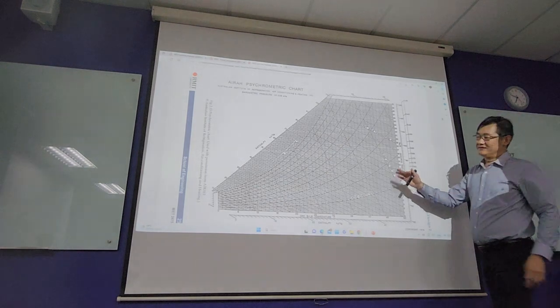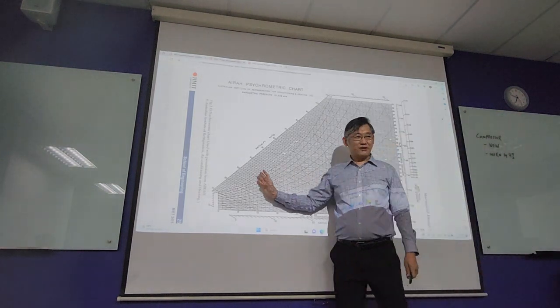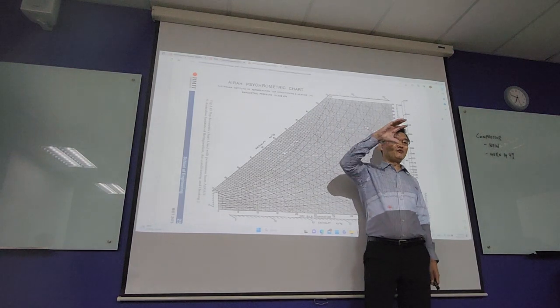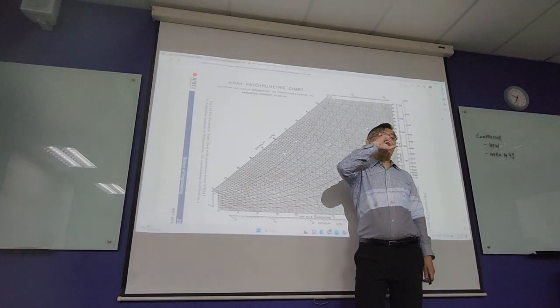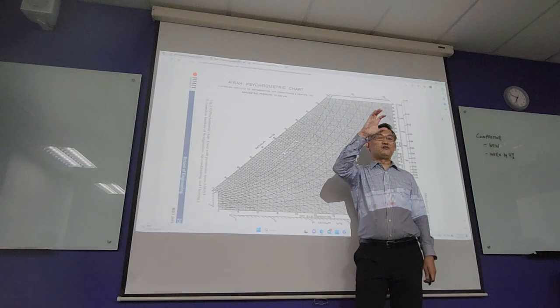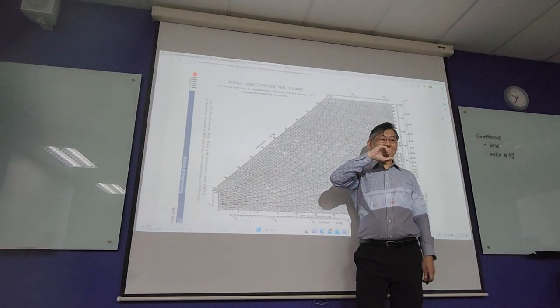We want to keep the temperature very cold, such that the dew point will be very low and there's no water formed, because water formation will cause a problem with the compressor.